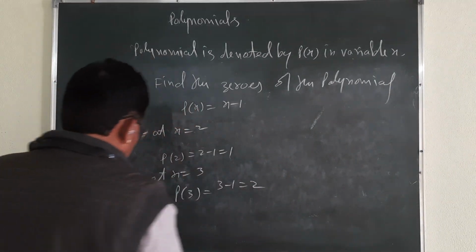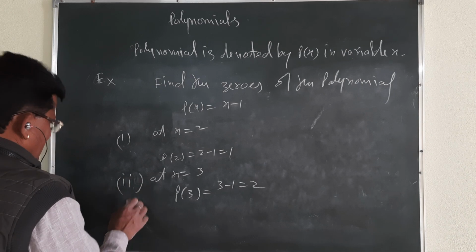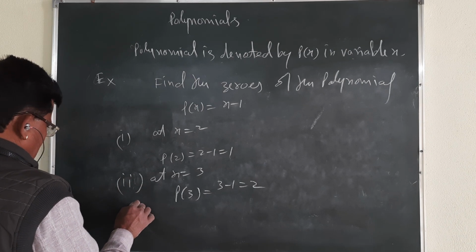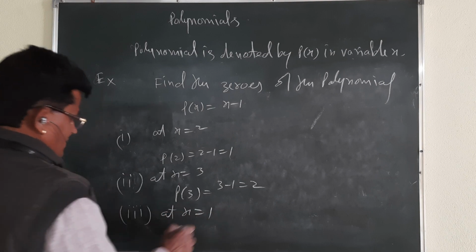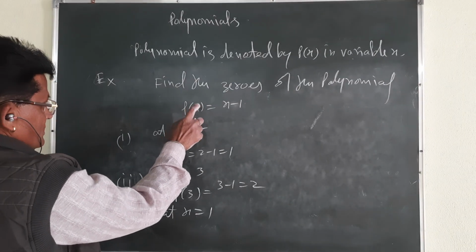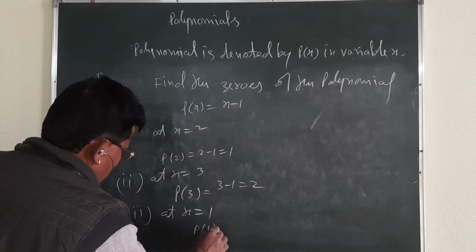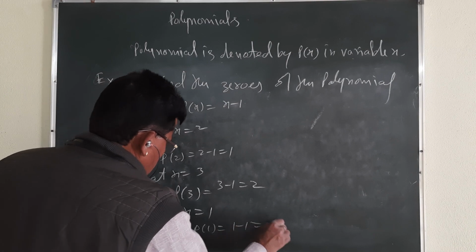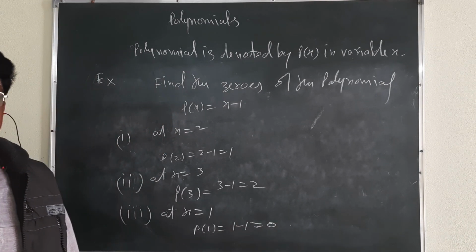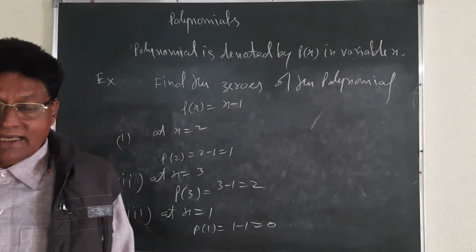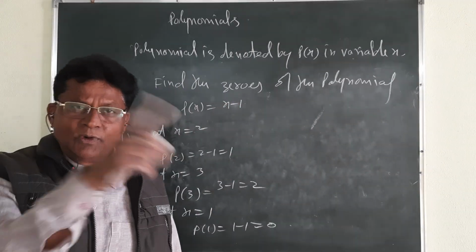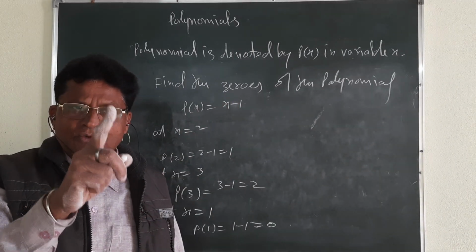Then what will happen? Third case, dear student, you see the third case, at x is equal to 1. In place of x, you write 1, it will be 1 minus 1 is equal to 0. Yes, 1 is the zero of this linear polynomial. And I told you, in a linear polynomial, there will be only 1 zero.